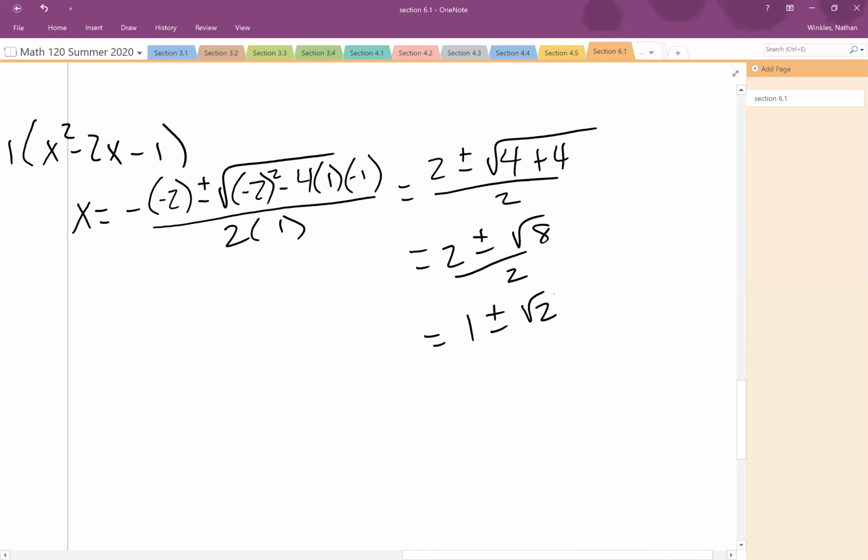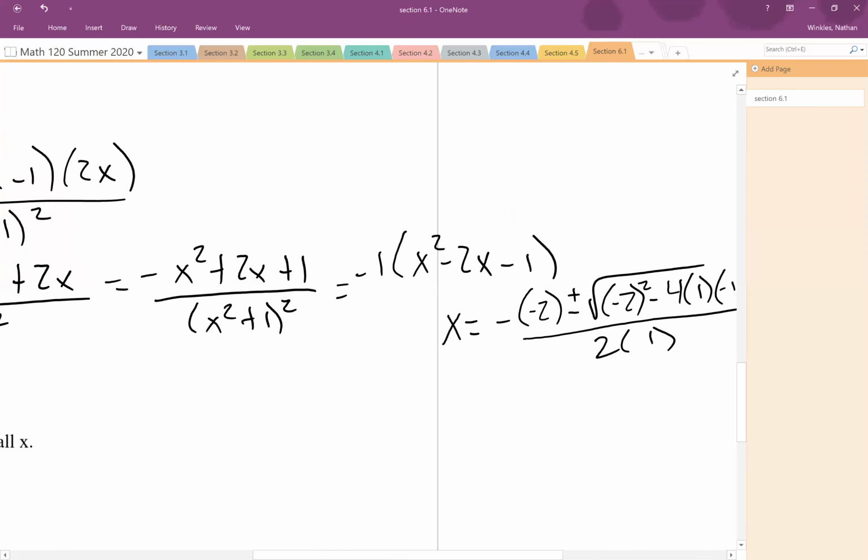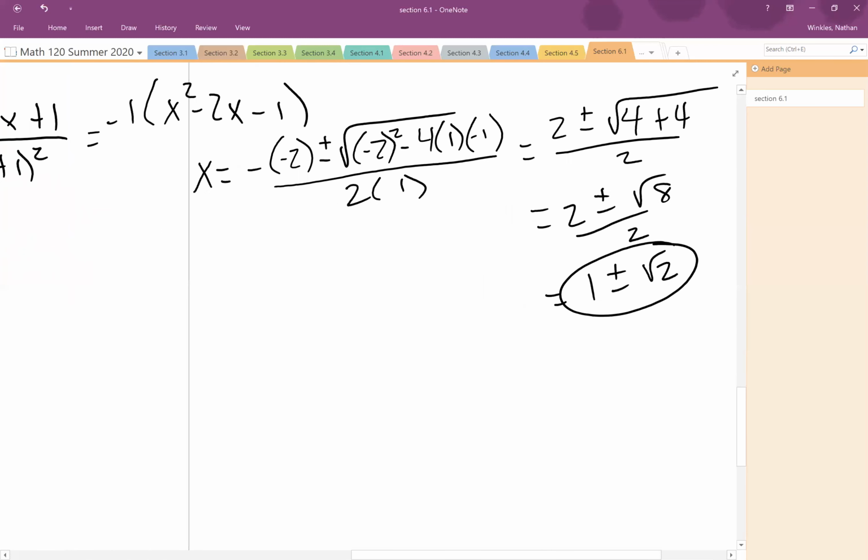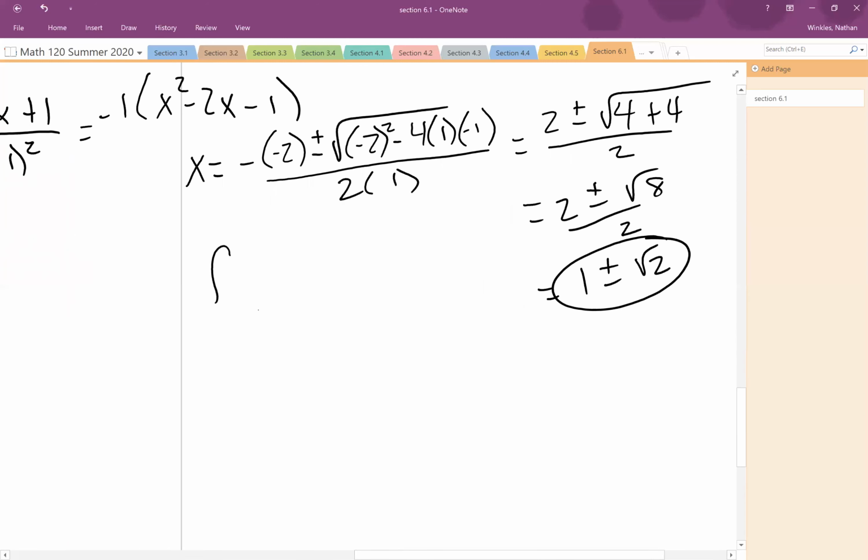Now, keep in mind that on this one, our interval was from 1 to 5. So we need f of 1 and f of 5 automatic. Now, square root of 2 is 1.4. So 1 minus 1.4 is not in that interval because that gives us a negative.